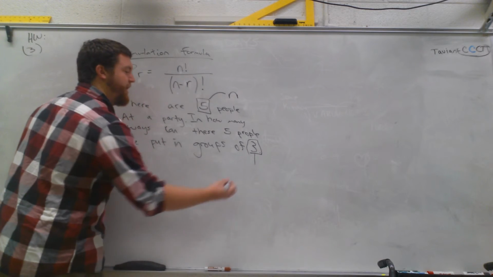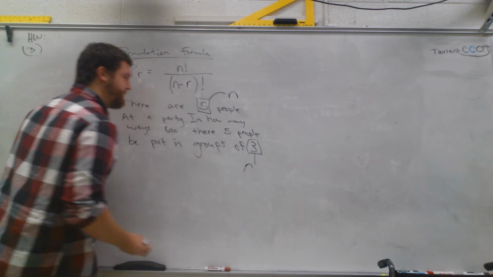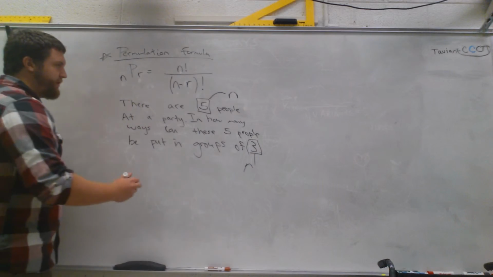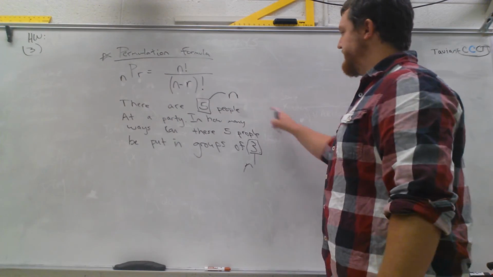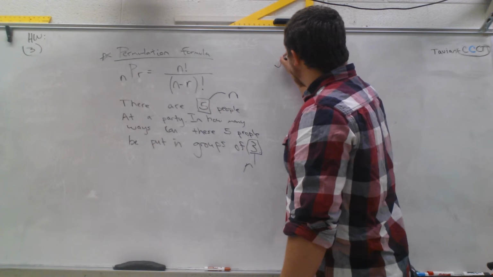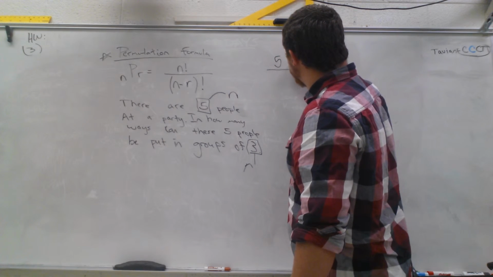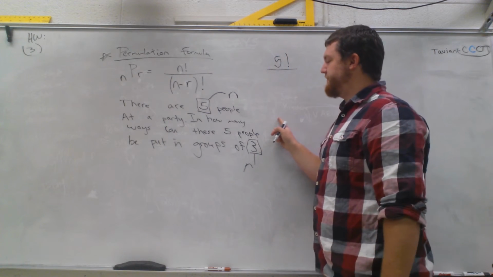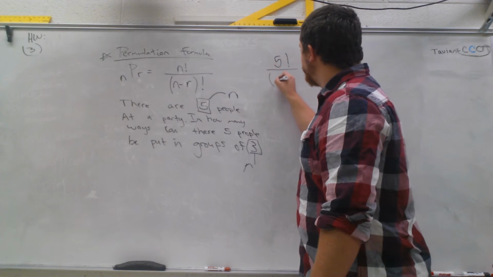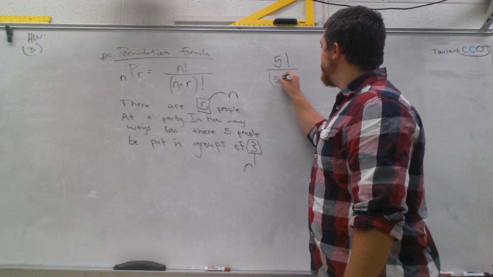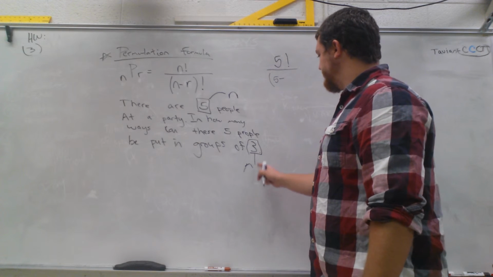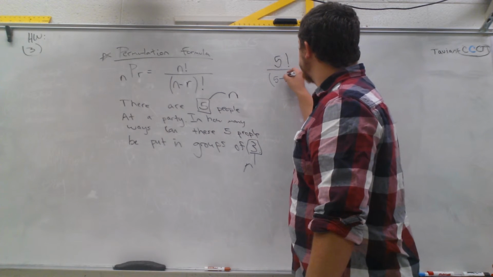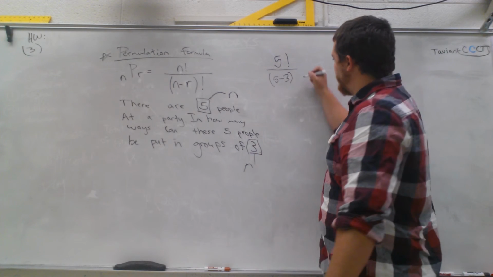So 3 represents my R. Now I just plug in. N factorial, N is my 5, so I do 5 factorial divided by N, which is my 5, minus R, which is 3. Then I factorial that.